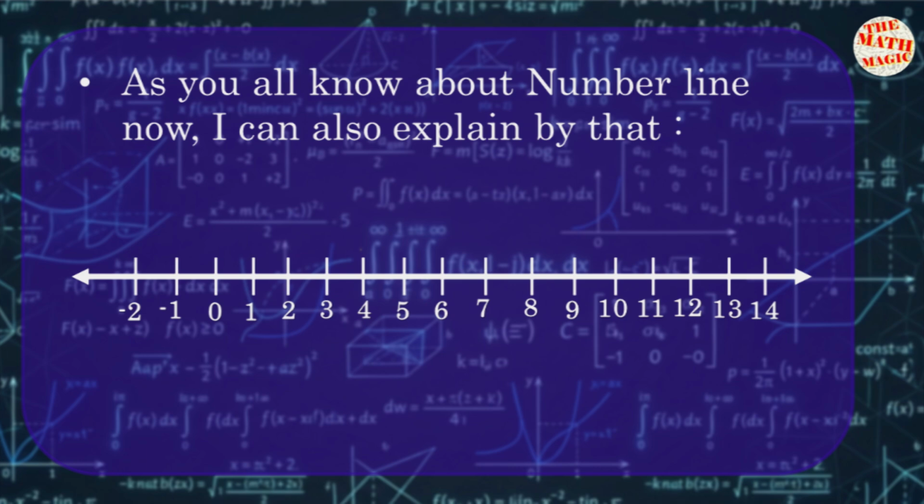Starting from 4, we move 5 steps on our number line. The first step takes us to 5, the next to 6, then 7 and 8, and finally the fifth step to 9. It also gives 9 as the answer, and it is also an example of physical addition.